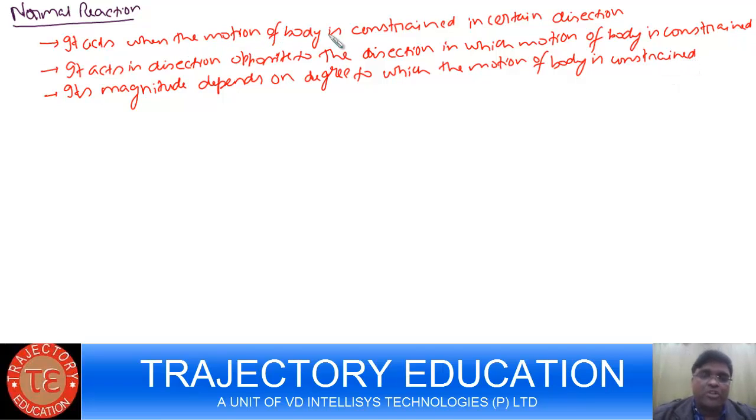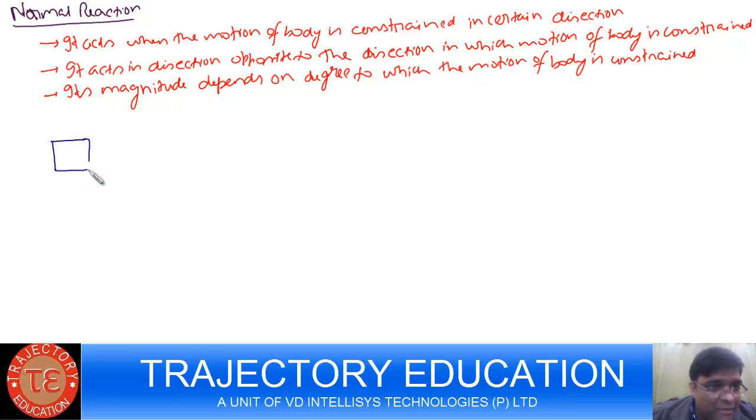So it acts when motion of the body is constrained in a certain direction. It acts in the direction opposite to the direction in which motion of the body is constrained. Its magnitude depends on the degree to which motion of the body is constrained. To explain this, I'll take an example. Only by example can I explain this.